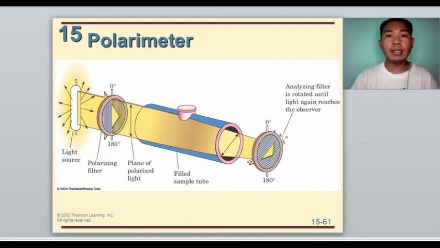If the analyzer is turned either clockwise or counterclockwise, less light is transmitted. When the axis of the analyzer is at right angles to the axis of the polarizer, the field of view is dark. That means no light passes through.